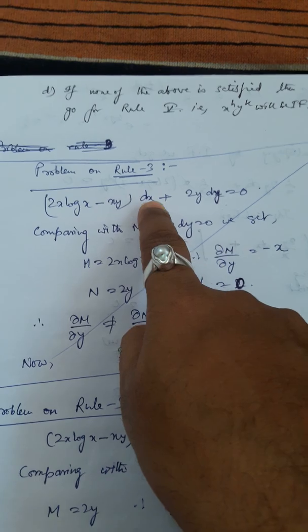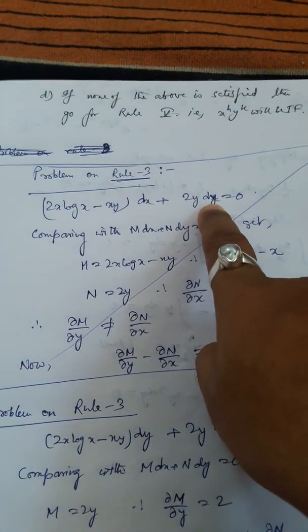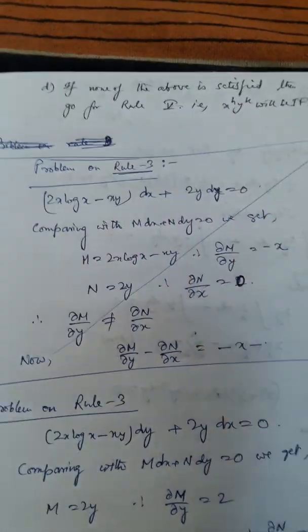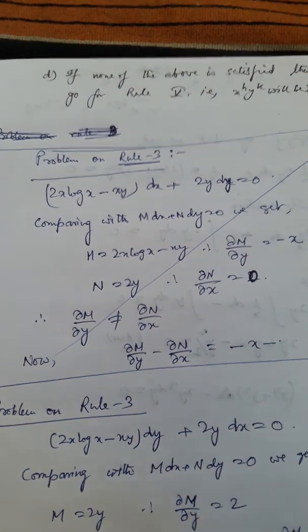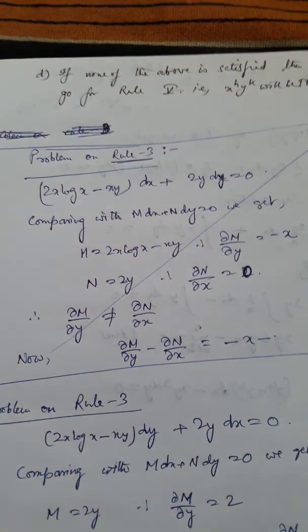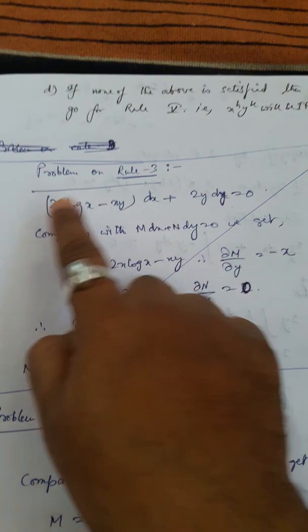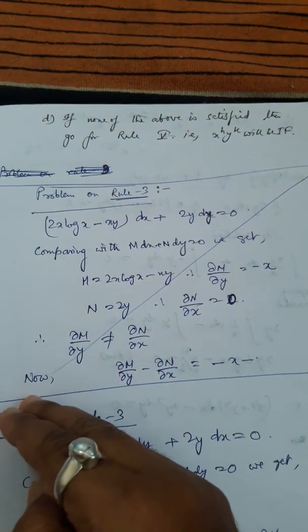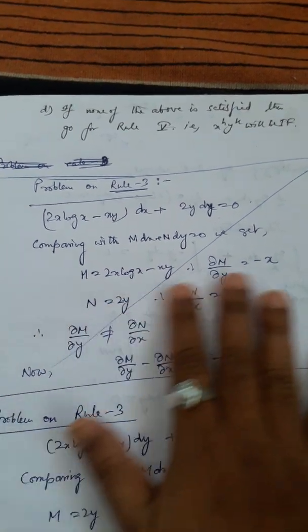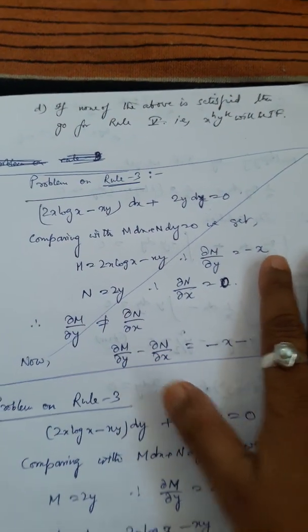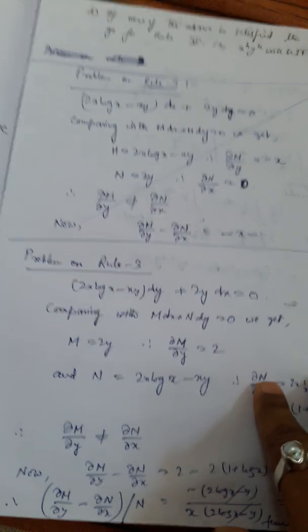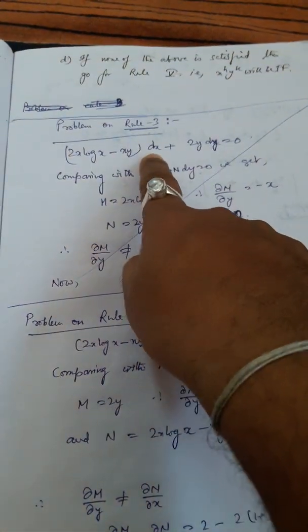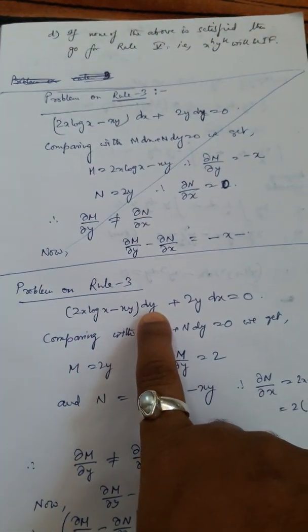I am copying it this way, dx, and this is multiplied by dy. It's exactly what happens, our mind setup is such that the first function will always be multiplied by dx, the second function by dy. Then I started the problem, then I couldn't find any rule, so I observed the problem again, then found that it is not multiplied by dx, it is multiplied by dy.